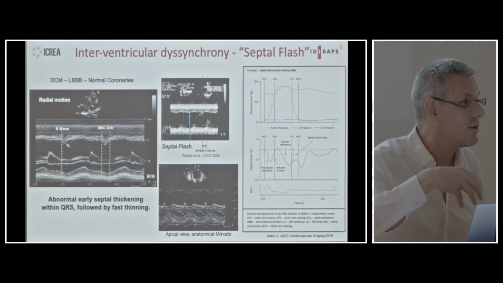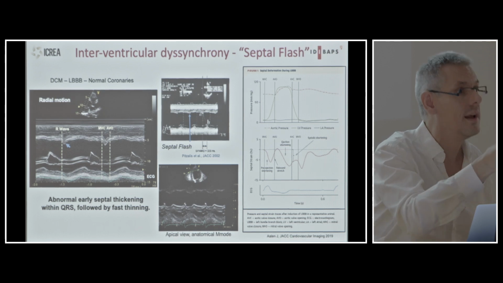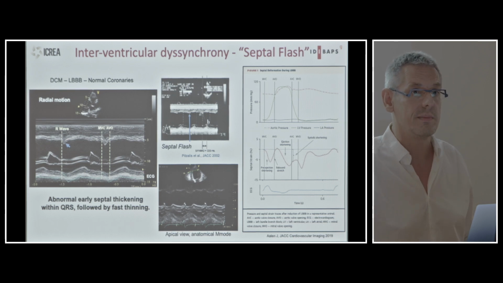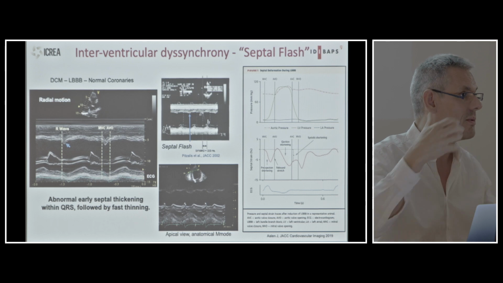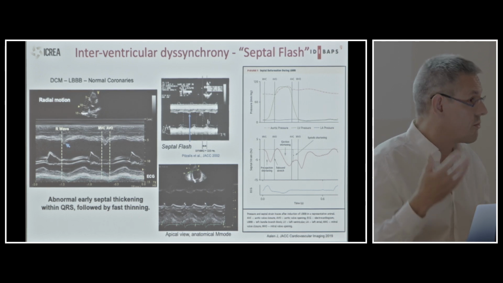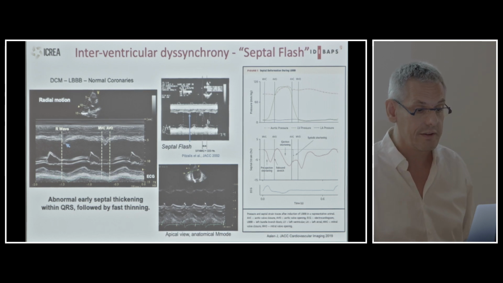And I'll show you later that there are, of course, patients that do not have it. It's only when there's pure left bundle branch block that causes this abnormal activation that you see this mechanical event. So it's by coincidence in some ways that you see a parameter being discontinued because of a wrong interpretation. I think that's really important to look at.